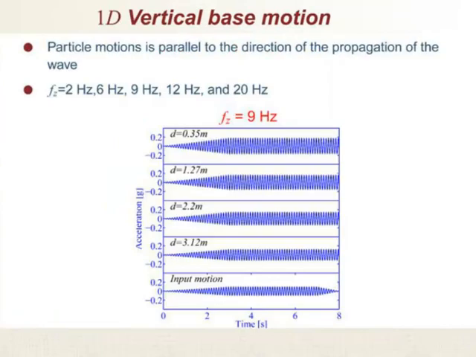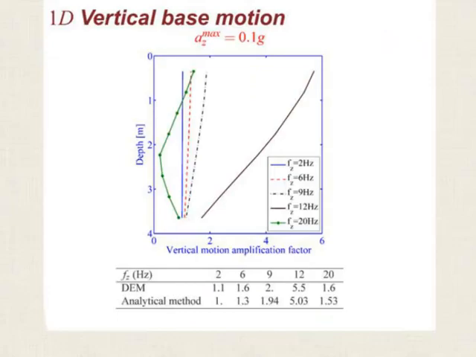All this was still unilateral motion, and then we shift our attention to only having one vertical base motion. We had a sinusoidal motion with frequencies ranging from 2 Hertz to 20 Hertz. So we are spanning the natural frequency with respect to vertical excitation with these values.